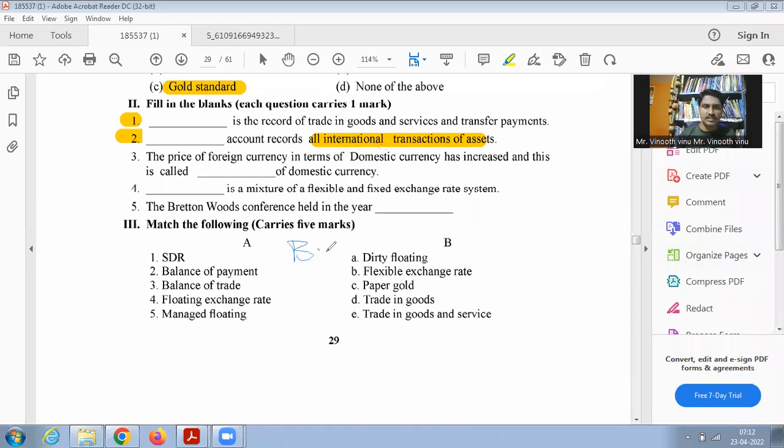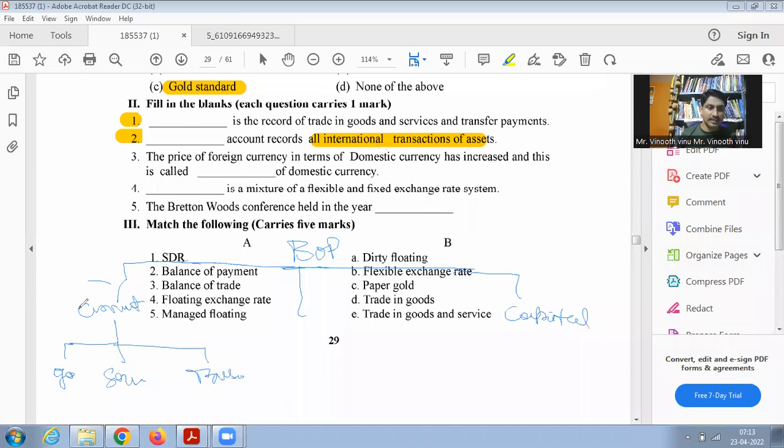Under the balance of payment, there are two types: current account and capital account. Under the current account, trade in goods, trade in services, trade in transfer payments. So the current account maintains trade in goods, trade in services, transfer payments.